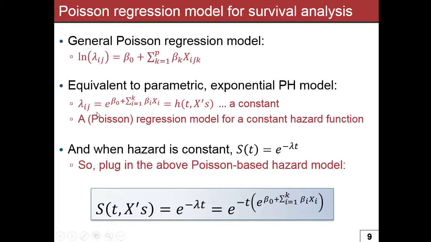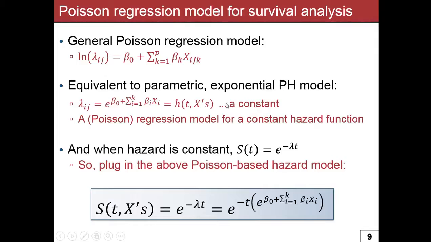Now we're going to say that actually the baseline hazard is a constant, so we're just going to put it up in the exponent. You could have called it log of beta naught times e to this other stuff, but we're not going to do that. And here it is, e to the beta naught plus all this stuff.